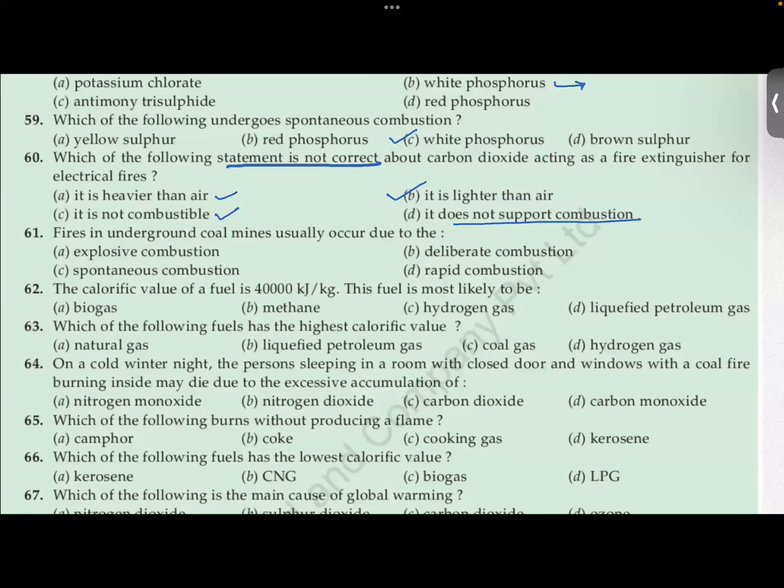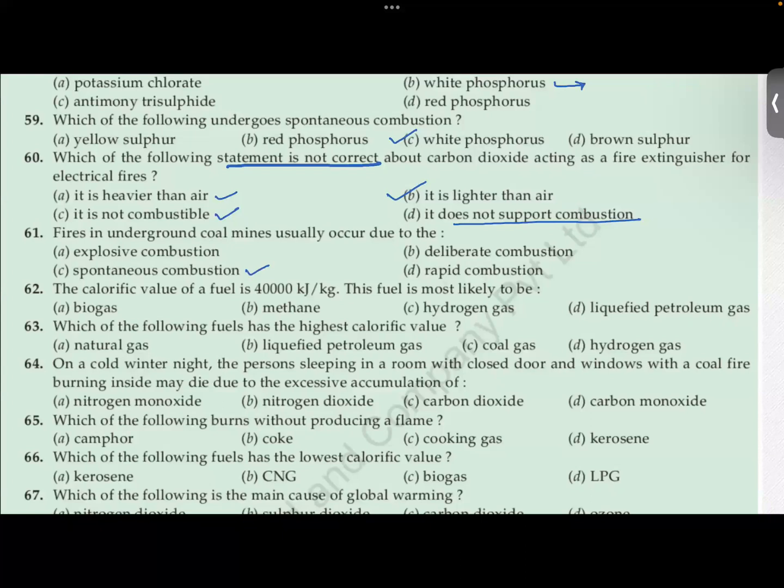Usually, fires in mines are spontaneous. Your guess is correct. Usually under the mines, the fire that occurs is not triggered by some rapid action. It causes fire on its own. So there is spontaneous combustion happening in there.